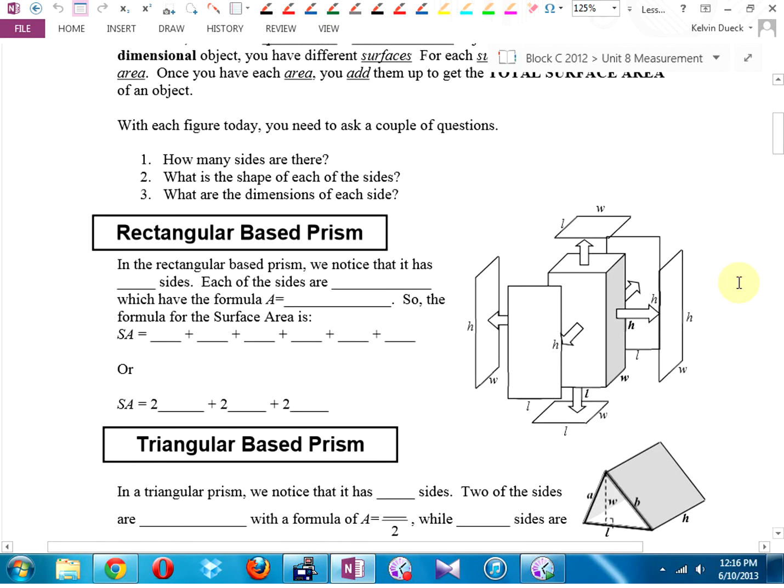As an example, a rectangular-based prism. How many sides are there of a rectangular-based prism, grand total? Count them. 6. And each side is a rectangle.